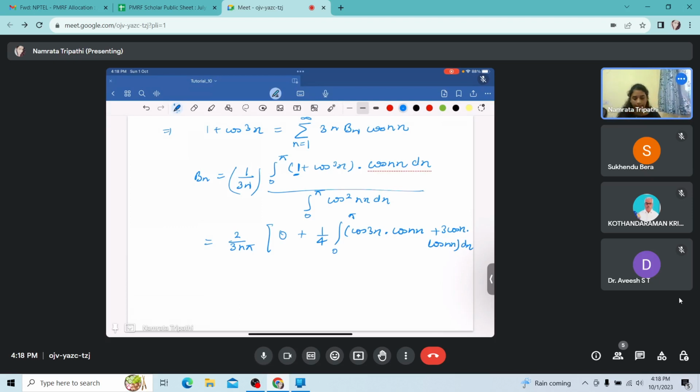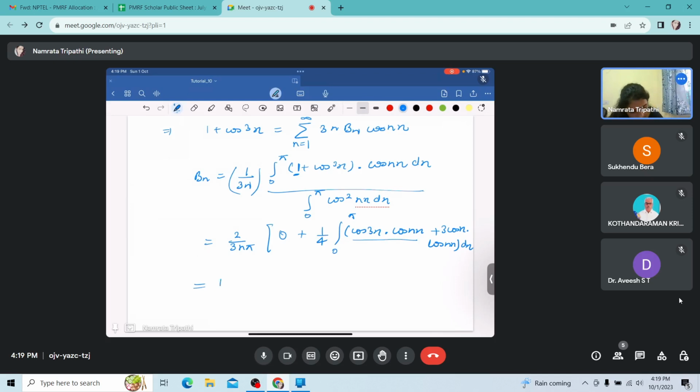Okay, now you have to integrate. You can write by using the 2 cos a cos b formula, so cos of a plus b plus cos of a minus b, and you can integrate them.